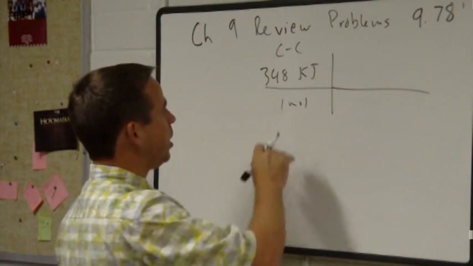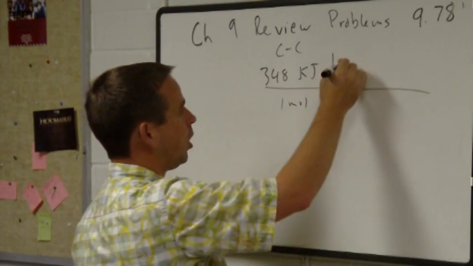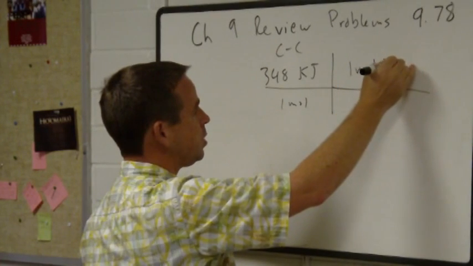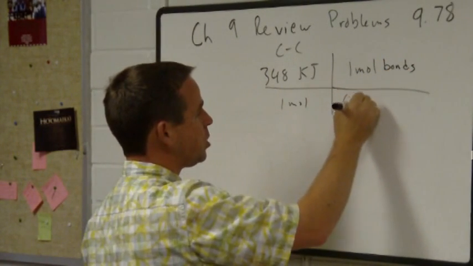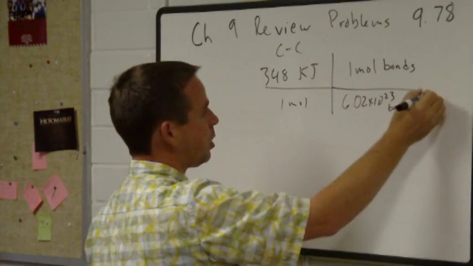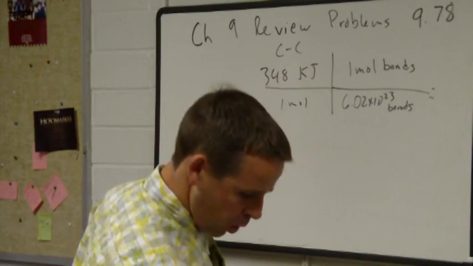Well, that makes it for every 1 mole of bonds, there's 6.02 times 10 to the 23rd bonds, right? So this will be how much energy is required to break 1 bond.